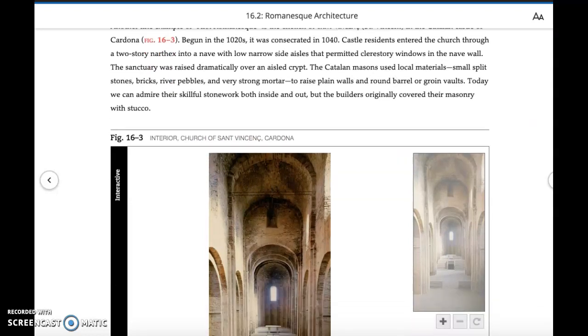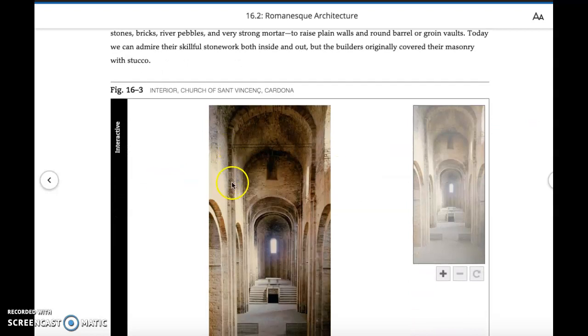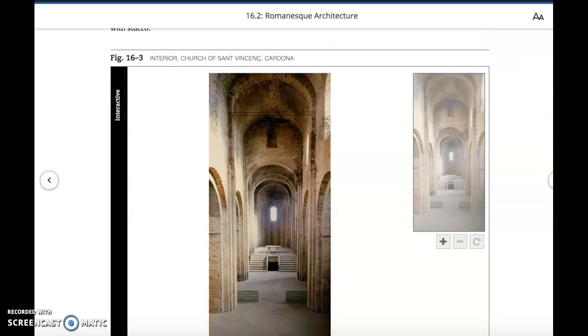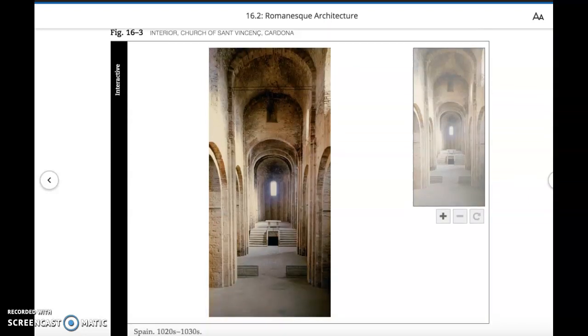And this is a great example of the barrel vault ceiling. So notice how if you're using arches, you have a rounded support system, and then you have also a round tunnel of a ceiling. That's what's called a barrel vault. This is an important part of Romanesque architecture.